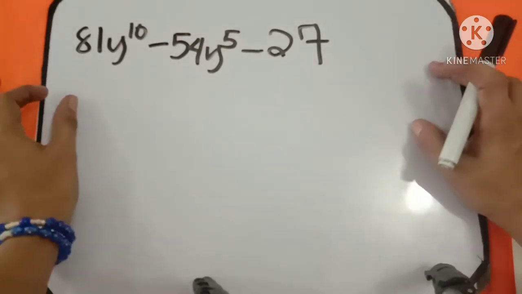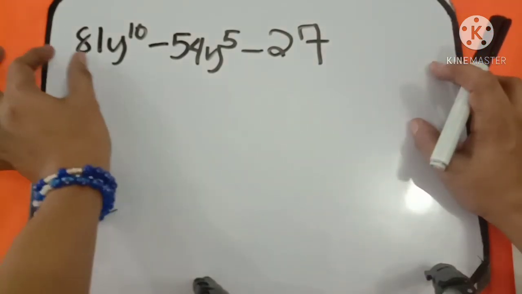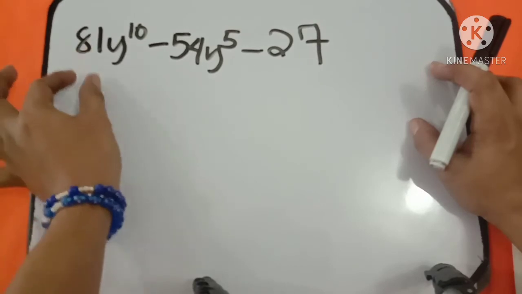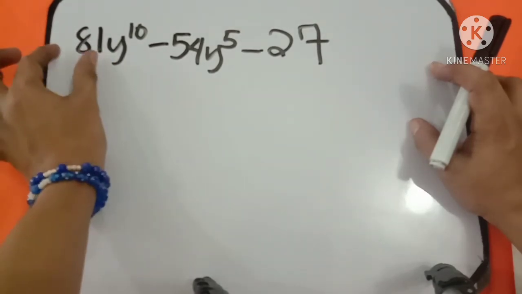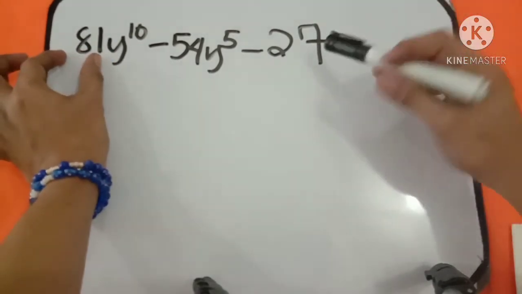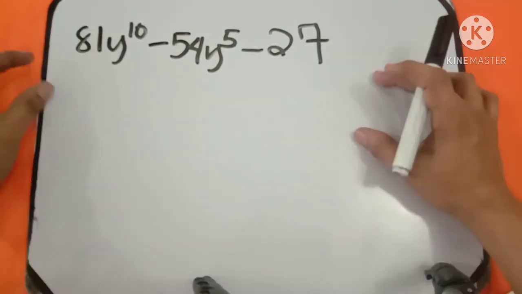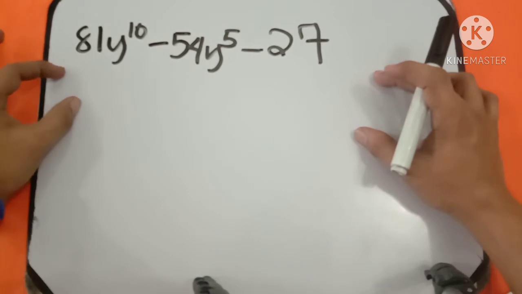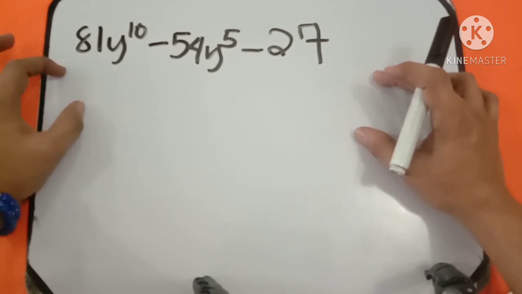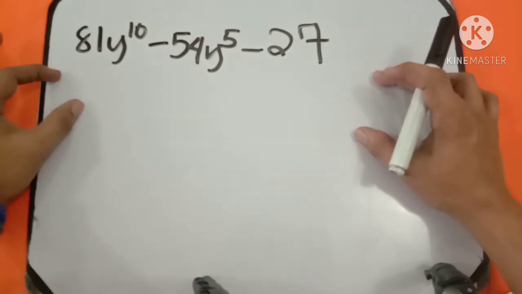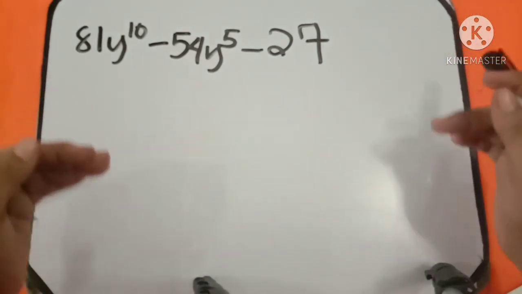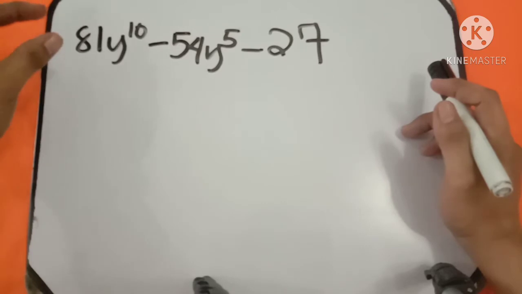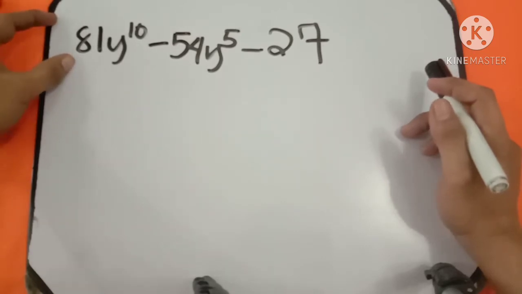So in this case, if you observe, the coefficient of the term with the highest exponent is greater than 1, and we have here also the constant. In this case, you have to apply the idea of the trial and error method. So that means you have to be more patient in working this kind of problem.